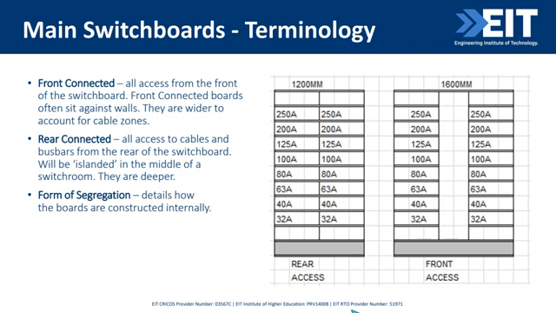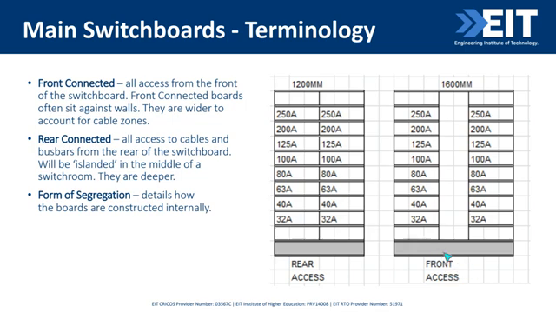So on the right here, you can just see a bit of a comparison in size between a rear access switchboard, which has, we can see here, 8 circuit breakers in each tier. It's about 1.2 meters wide. So it's narrower, but its depth would be a lot deeper.